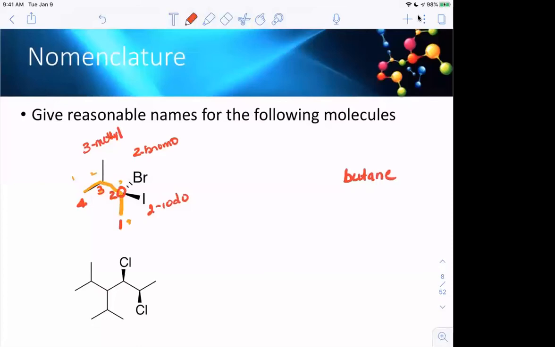So in alphabetical order, A, B, I'm going to have 2 bromo, C, D, E, F, G, H, I, 2 iodo, 3 methyl. Didn't leave myself enough room. And then that is going to be my stereo center.